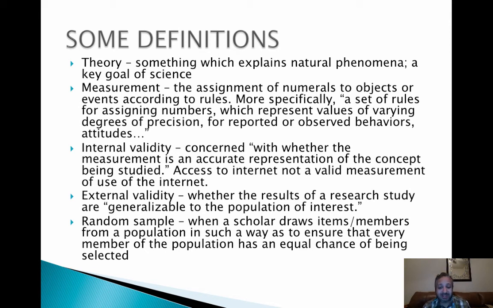People in any one city are not representative. To get a representative sample, to be able to generalize, you have to take a random sample, as we said. If you take a random sample, now you can represent the population, now you can generalize, and you say, I have a high level of external validity.